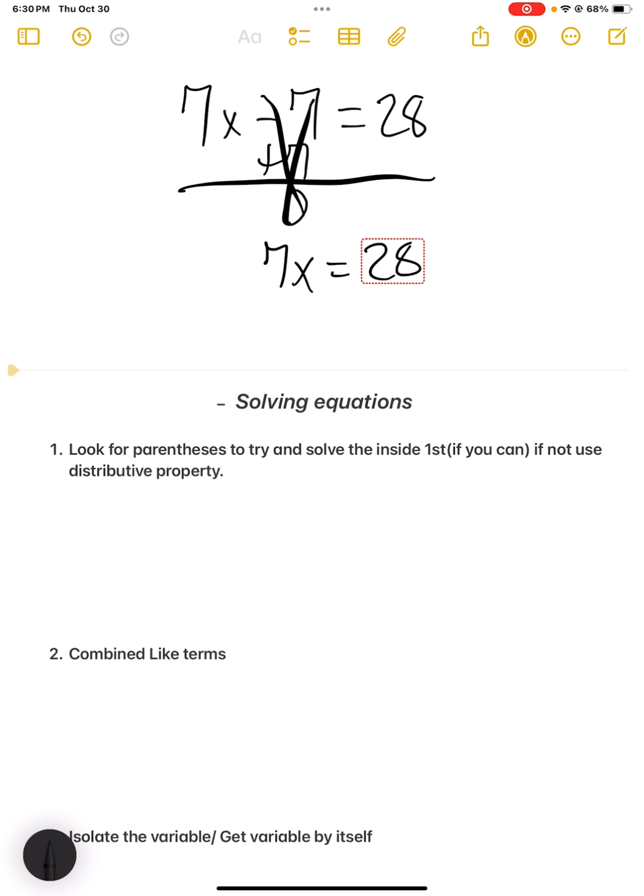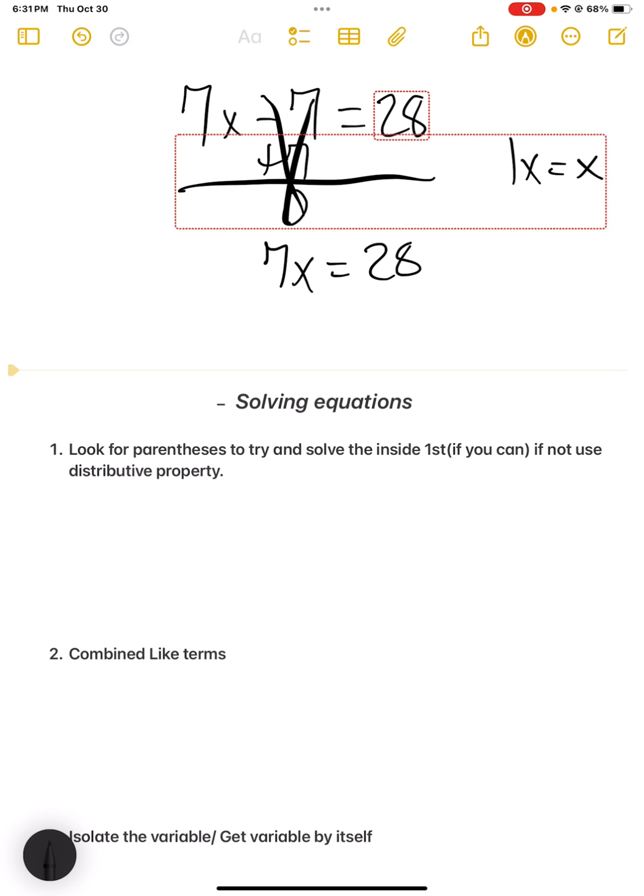Now the next step to separate this 7 and this x is to get the 7 to equal 1, because remember, if I get 1x, I don't have to write it like this. I could write it as just x. And solving an equation gets you where the variable is equal to whatever number is over here.